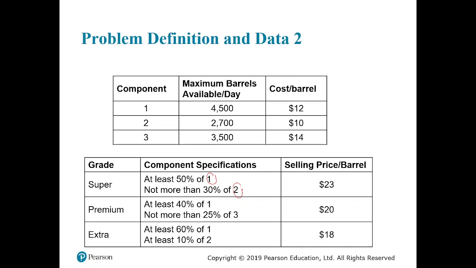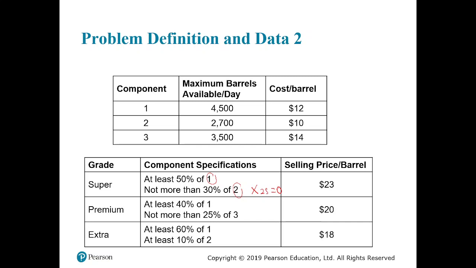It could be that we don't use component 2 at all for super. We can have component 2 but it shouldn't be more than 30%. In the end 2S could be 0, because there's no restriction. It doesn't say that super needs to have component 2.